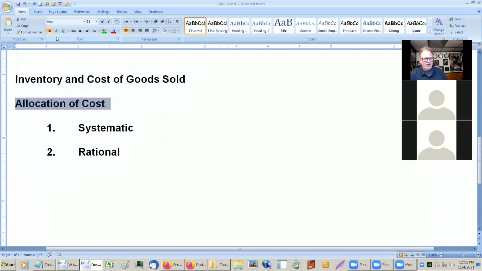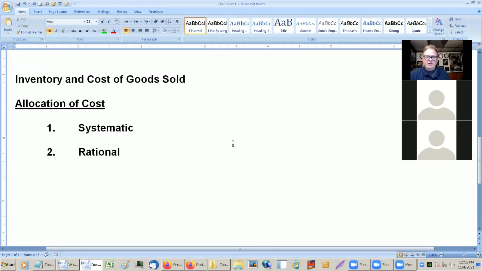So anytime you run into an allocation problem, the true guidance that they give in the accounting rules is that it must be systematic and it must be rational. So we're going over LIFO, FIFO, average cost, but there are other ones too. And if you can come up with ones on your own that are systematic and rational, they're okay.